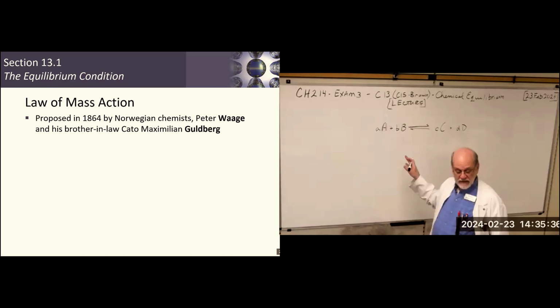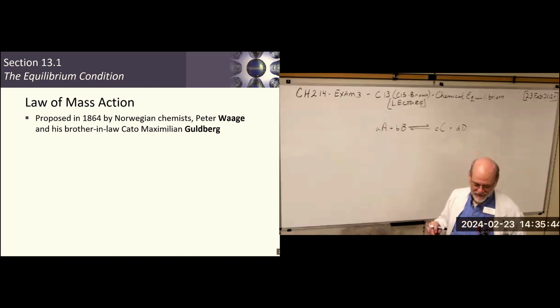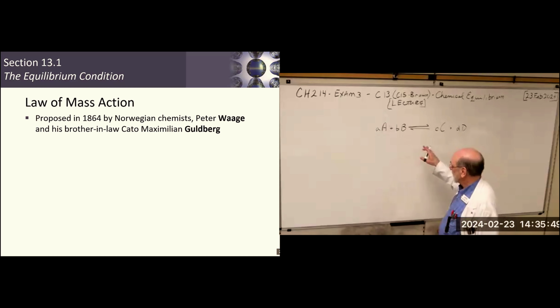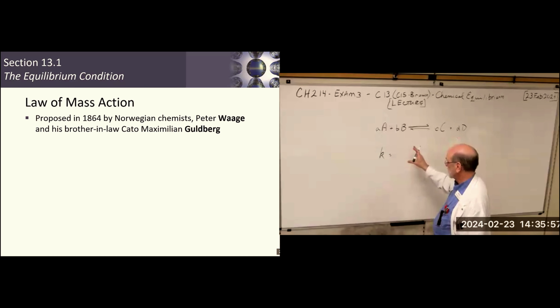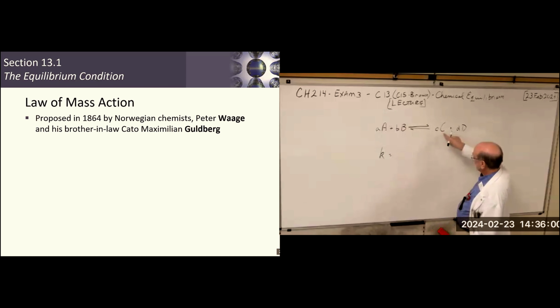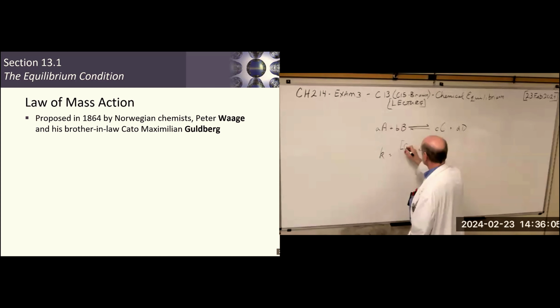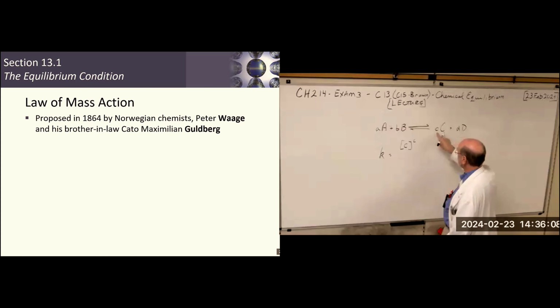The expression that I'm about to give you was proposed by two Norwegian chemists, Peter Waage and his brother-in-law, Cato Maximilian Guldberg. And the expression would be this: the equilibrium constant is equal to the concentration at equilibrium of C to its coefficient power times D to its coefficient power.